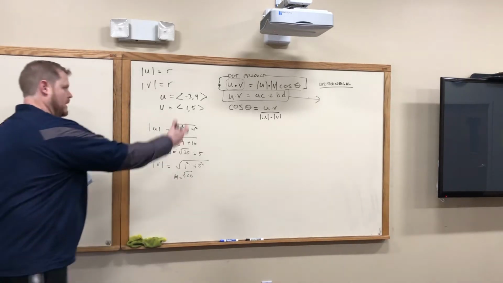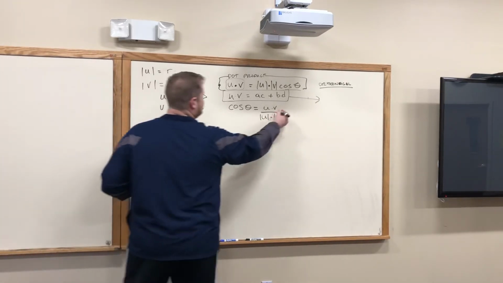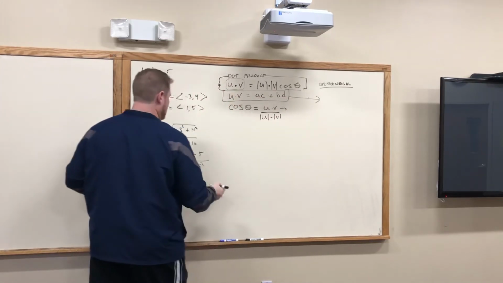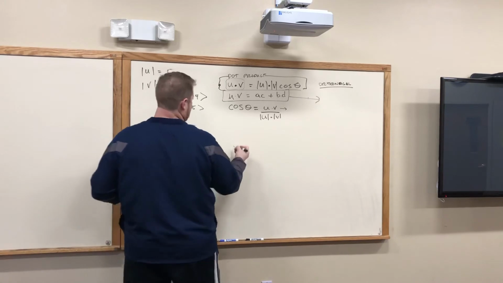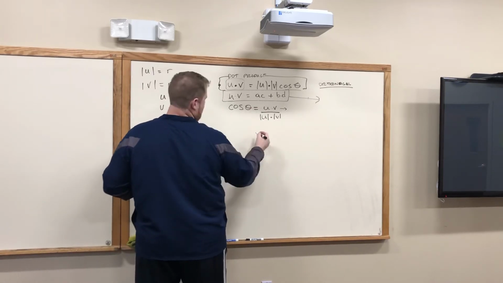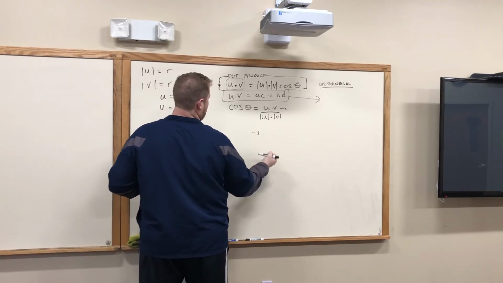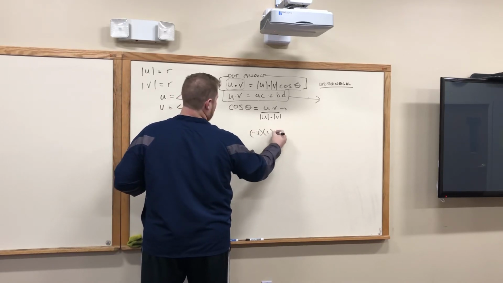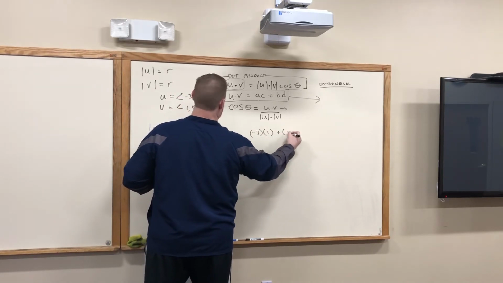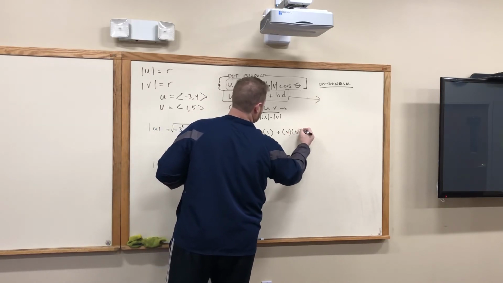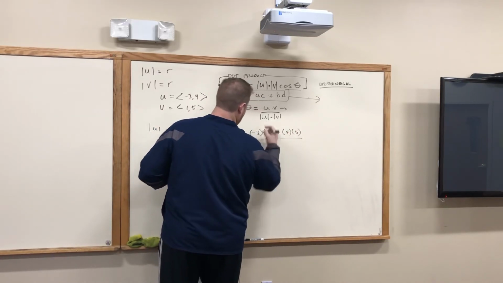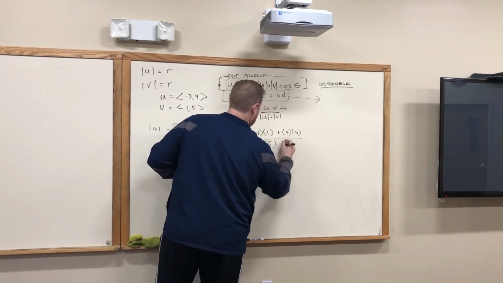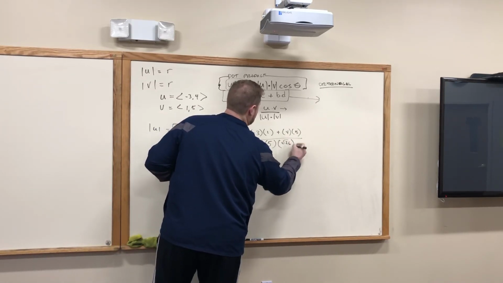So now we just plug it in. We're going to have to use the ac plus bd, right? So what's a? a is -3. So -3 times 1 plus 4 times 5, all over 5 times the square root of 26.